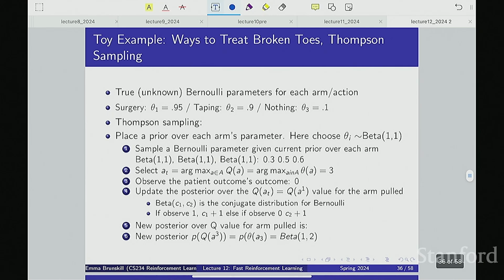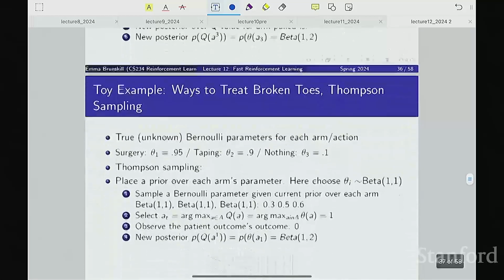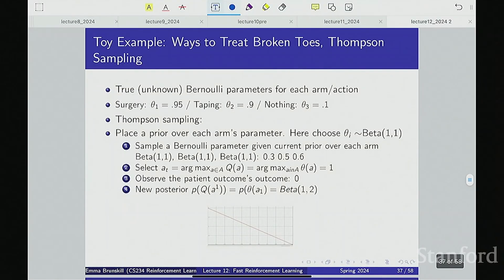Let's see what that looks like here. So this is our new posterior. Remember this is conjugate, so this is our new beta, and we haven't changed it for the other two. Now here's the next important thing. This is what the beta looks like for beta 1, 2. Now we're going to do our next step of Thompson sampling.